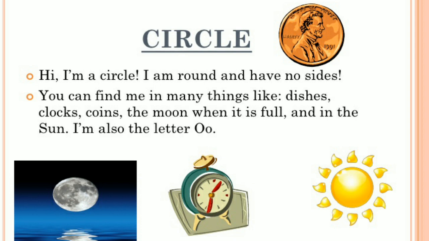You can find me in many things like dishes, clocks, coins, the moon when it is full, and in the sun. I am also the letter O. So circle is like the letter O, and we find that a circle has no sides, it's round and only round.